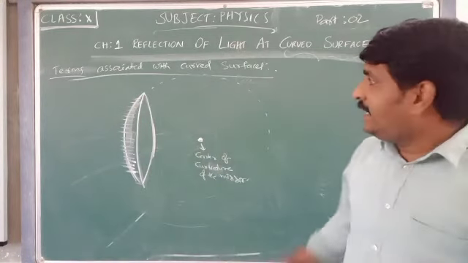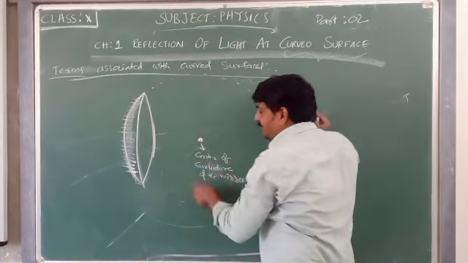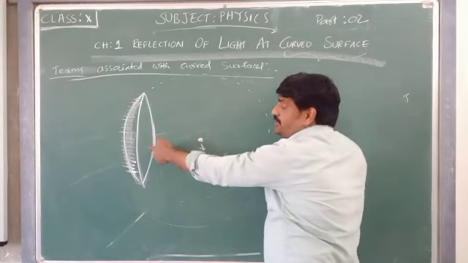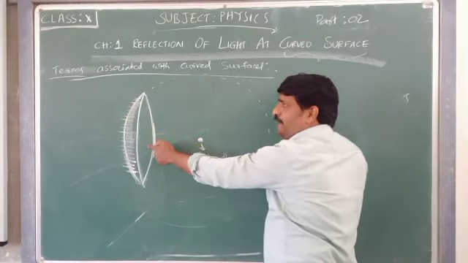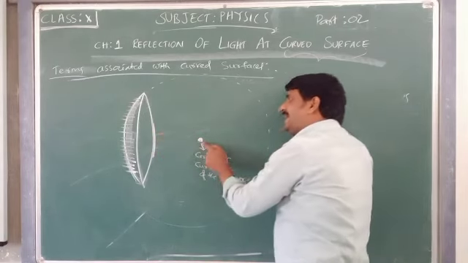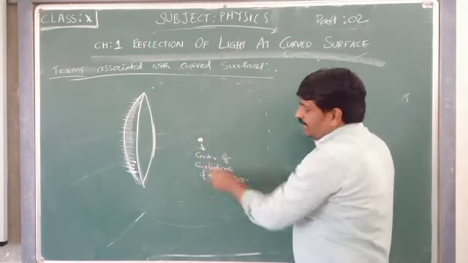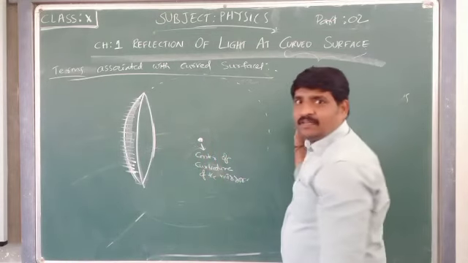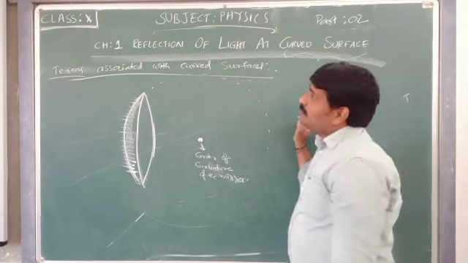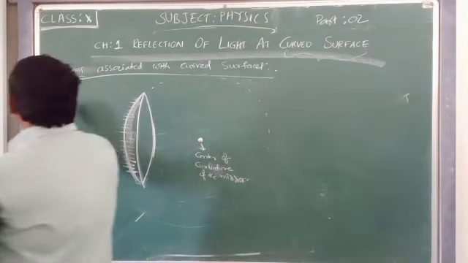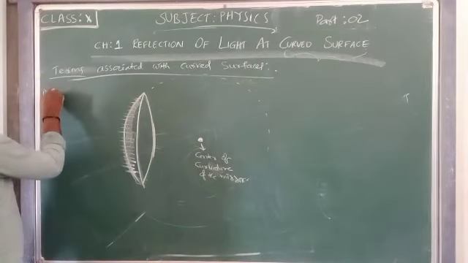The geometrical center of the sphere from which the curved surface is obtained is going to act as a center of curvature for that respective curved surface. Okay. So what are the terms first we will discuss? First one is center of curvature.